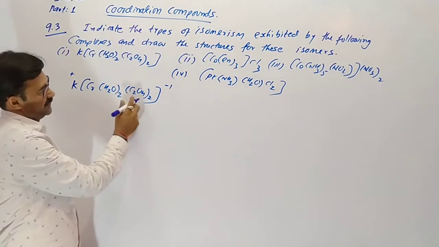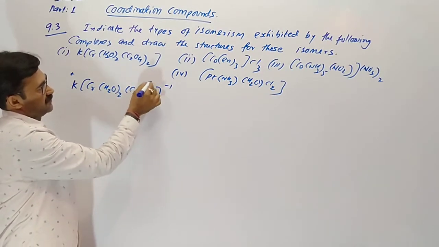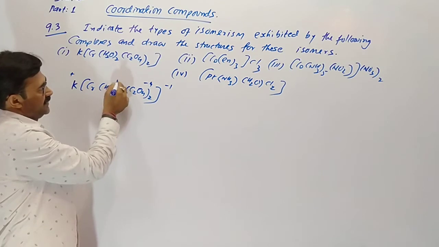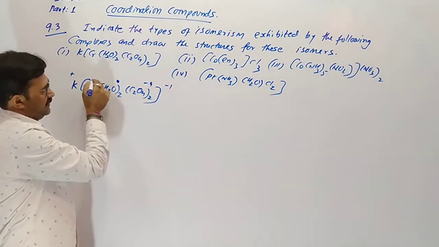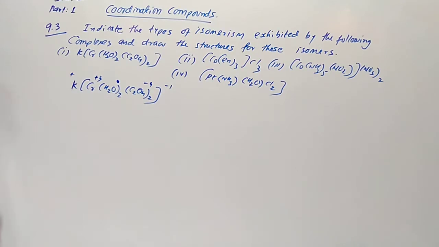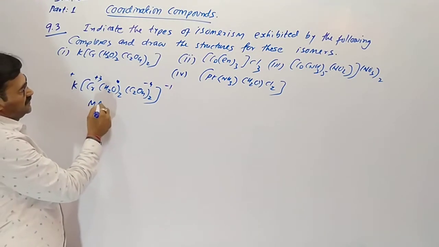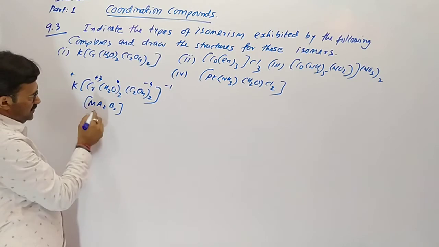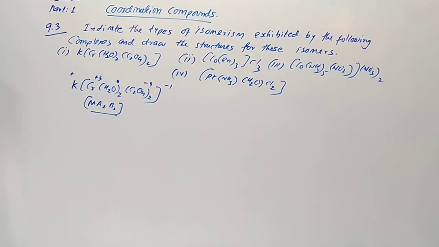Oxalato twice gives minus 4, aqua is 0, and the overall charge is minus 1, so chromium should be plus 3, yes. This is an A2B2 type of structure, so it gives geometrical isomerism.